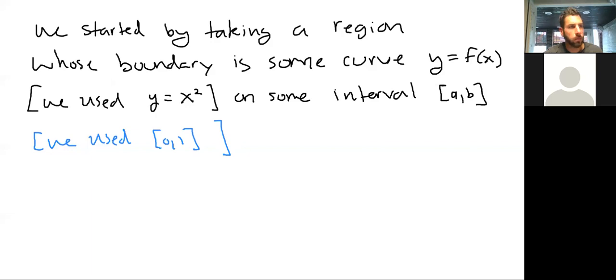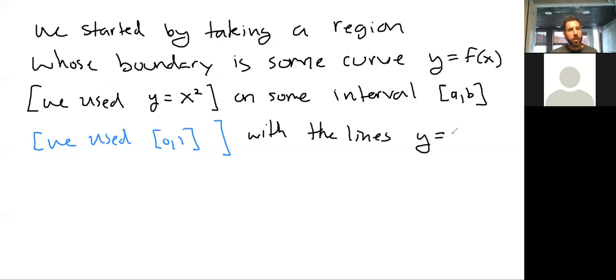And then what were the other boundaries? So we took a region whose boundary is some curve restricted to some interval. With the lines, what were the lines we used?